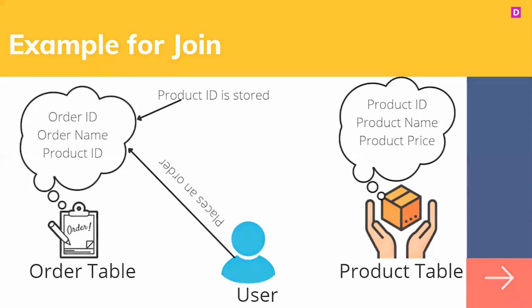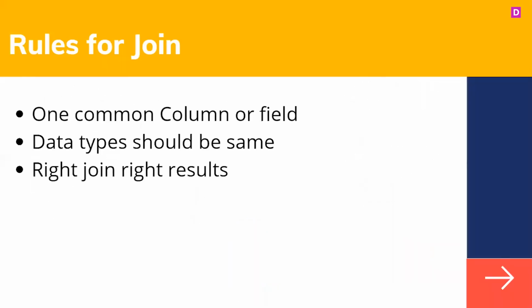Now, there are certain things that you need to follow, or you could say rules, in case you want to perform a join. First and foremost, you need to have one common column or field, then only you can perform the joining. Okay. And the second point is that if you're trying to join two things, make sure that the data type of both should be the same.